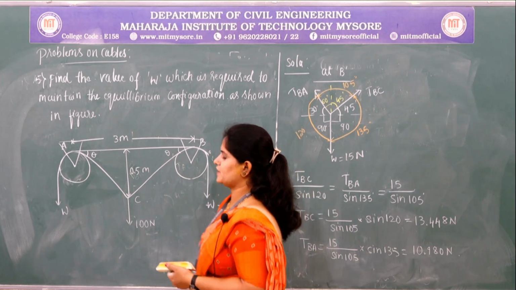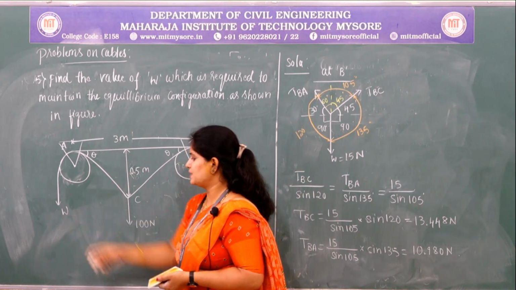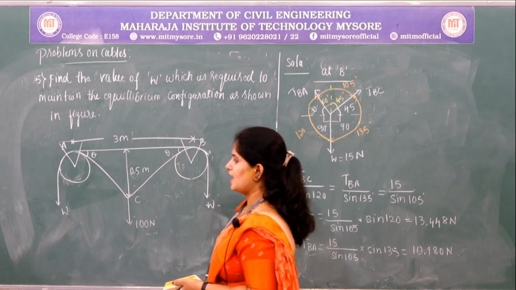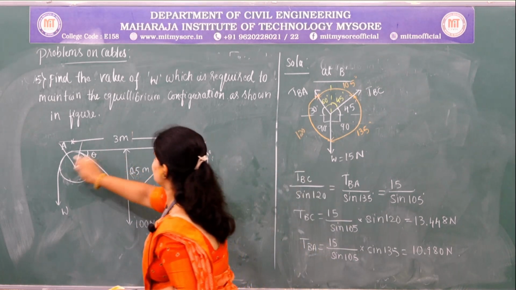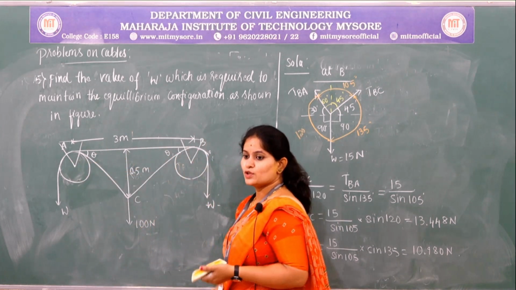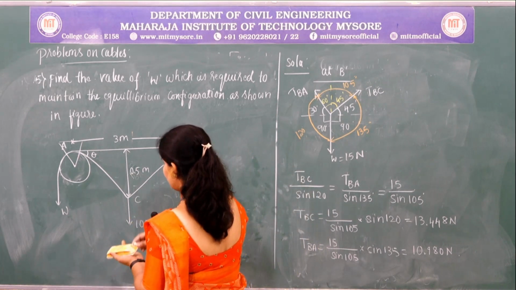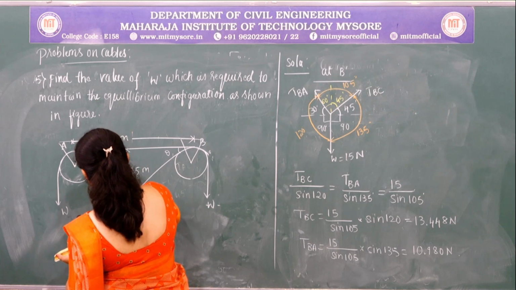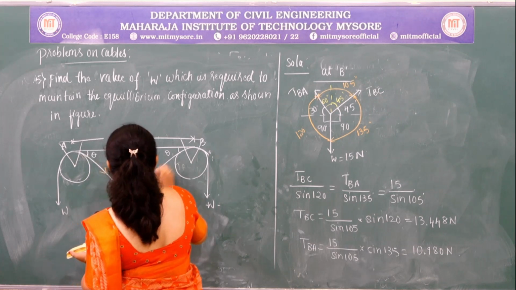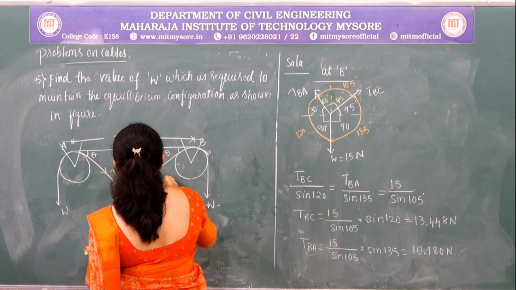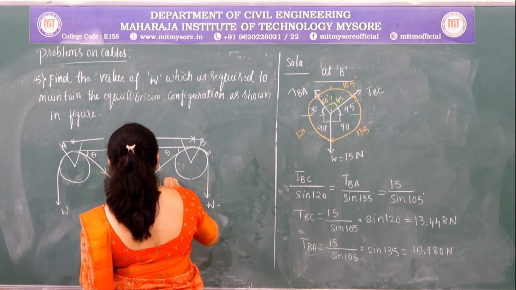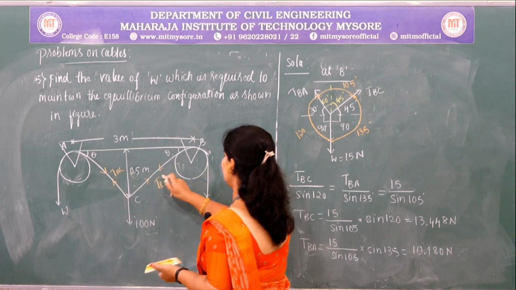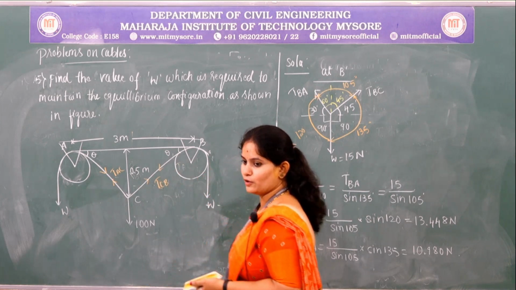So in the given figure the load W is hanging and it is passing over the frictionless pulleys A and B. So therefore the tension developed in the string AC and the tension developed in the string CB will be equal to this hanging load.